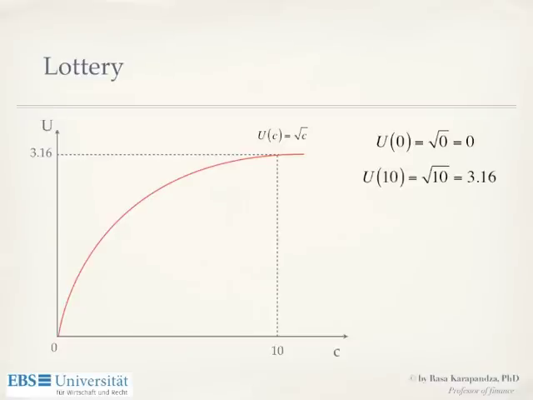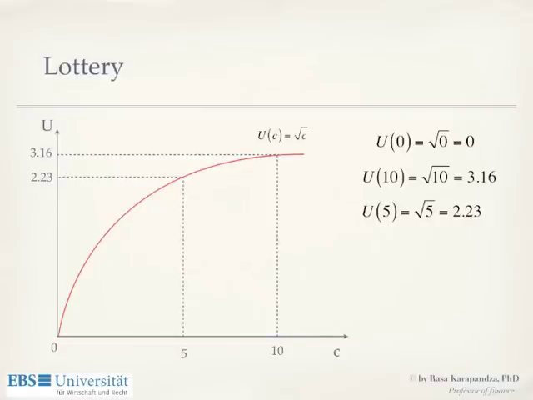Now, how happy are you if you get 5 cookies? You are happy square root of 5, this is 2.23. Okay? So now I ask you, how much do you like to get 5 for sure? It makes you 2.23 units of happiness.